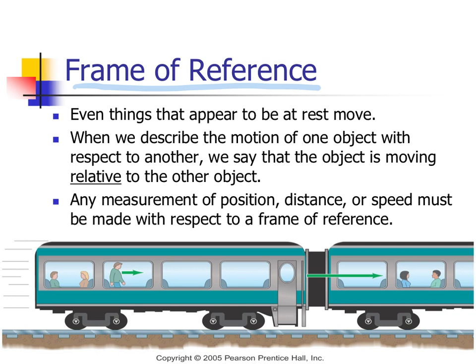Such as the example of the train track. We can say we are standing off to the side looking at the train. We're able to see the train moving from left to right. And then there's a person inside the train moving left to right. How would we add those vectors together?